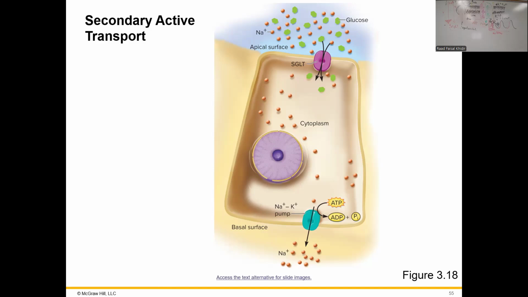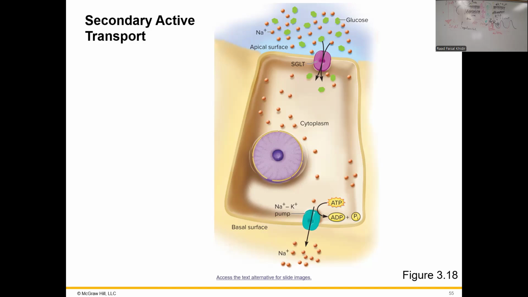Yeah, we said that. You see in that diagram, sodium is always a lot. Look at this diagram. Orange represents sodium. So you see there is a lot of sprinkled sodium up there. You see the sodium? A lot of sodium. And you see green, that's glucose. So now sodium moves in from an area of higher concentration to an area of lower concentration, and the glucose moves in with it.